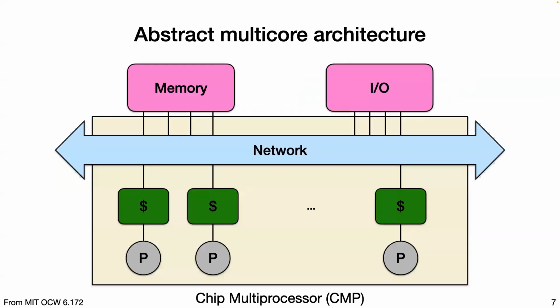So that was all review, and this is like the similar multi-core architecture, the same cartoon, but just in a slightly different way. So we have memory and I/O, and then all of them are connected by a network, and we have several processors that are shown by P, and each processor has a local cache attached to it, as well as a shared memory. So this part is accessed by all the processors, and this part is private to each processor.